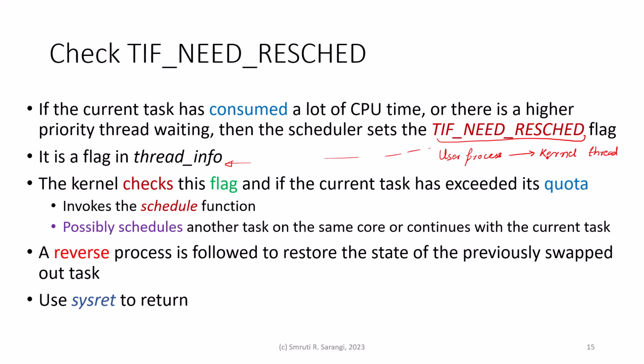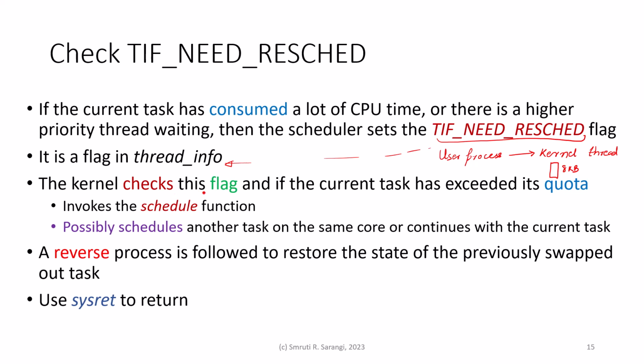Now, when it is a kernel thread, it uses the 8 KB kernel stack, which, needless to say, has limited size. Given the fact that it has limited size, if we need to store more information, it has to be stored in a separate, different place, which is the thread info data structure. That is where it is saved. And this is not stored on the stack. So it's stored separately in a different place in kernel memory.